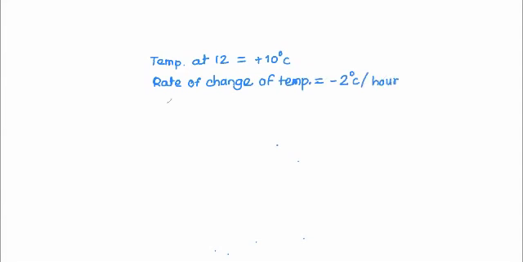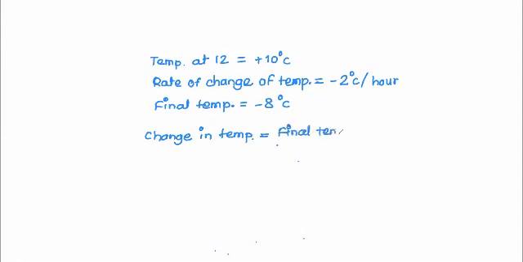And the final temperature is equal to 8 degrees below 0. Below 0 means it's minus 8 degrees centigrade. So the change in temperature, the total change in temperature, is equal to final temperature minus initial temperature.